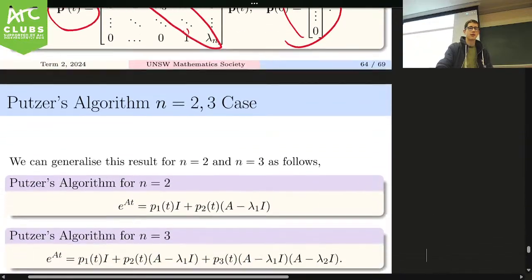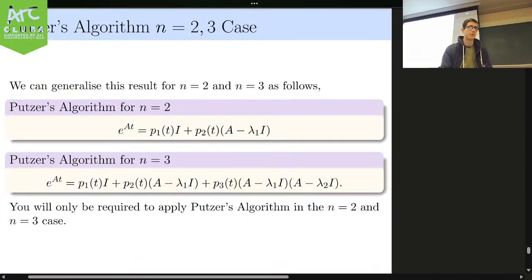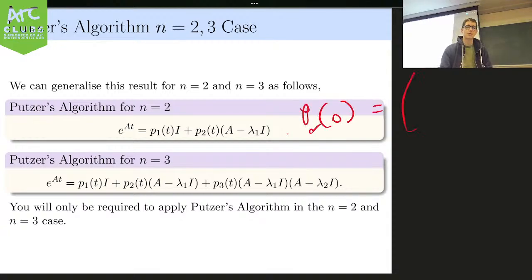In the n equals 2 case, the initial condition will be p of 0 equal to 1, 0. Whereas in the n equals 3 case, it'll be 1, 0, 0.